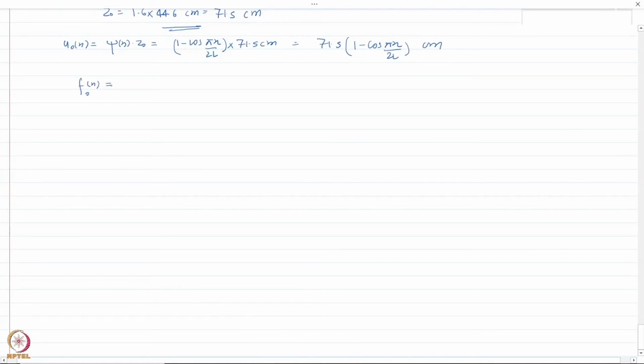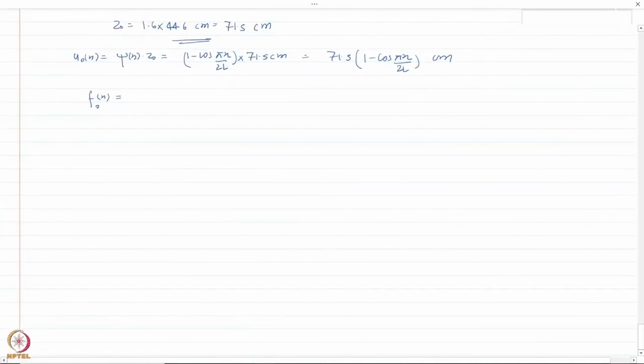Now, once we have that, I can find out the equivalent static forces as f naught x, which in this case I can directly write as gamma equivalent times mx times phi x times A. Remember, mx is nothing but a constant value of mass per unit length. Phi x is 1 minus cos pi x by 12, A is 0.112 times g, and gamma equivalent is basically 1.6.